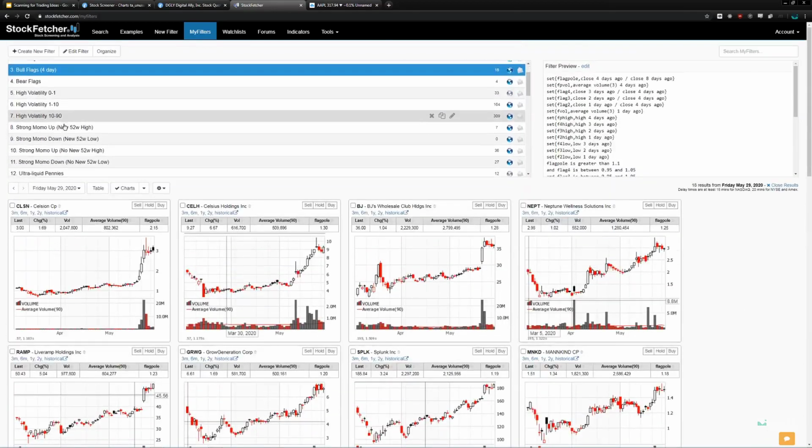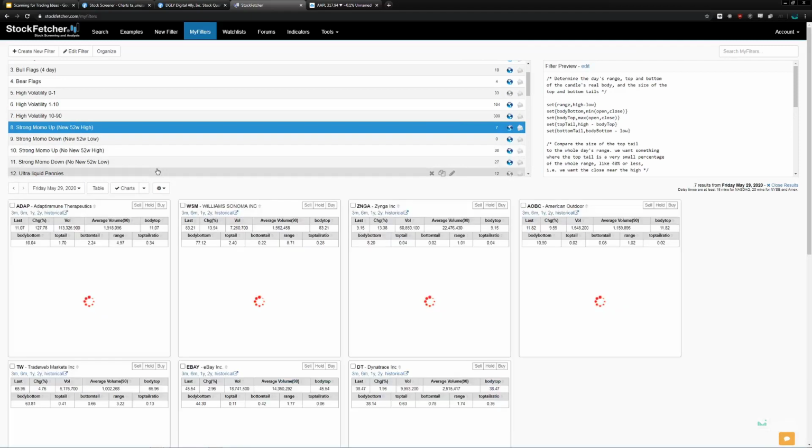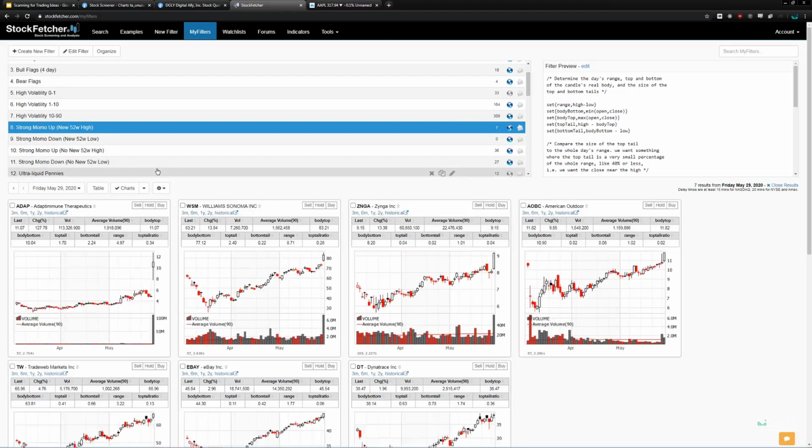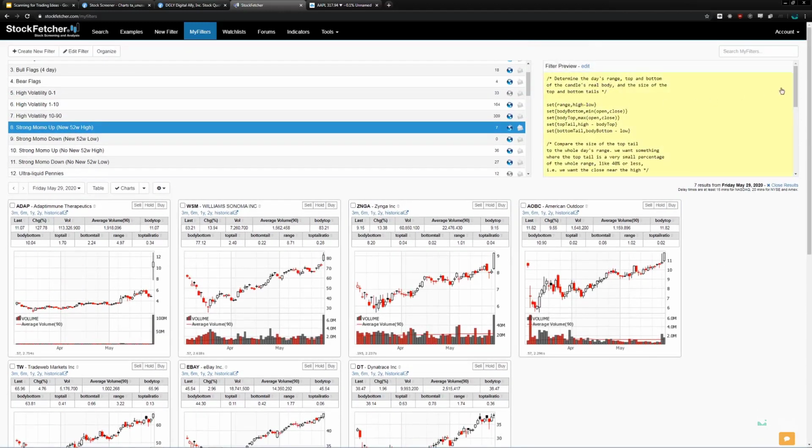And then lastly, let's talk quickly about the strong momentum scans. This one is similar to the top gainers and top losers as well. This scan has a few different things that I'm looking for.